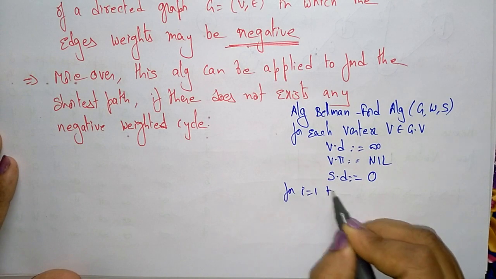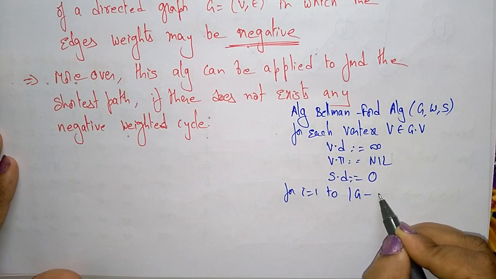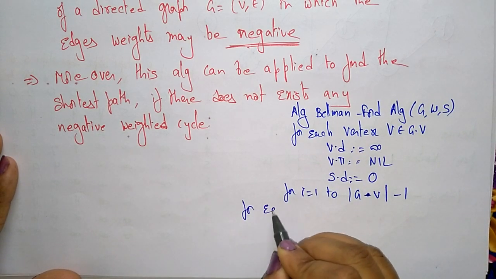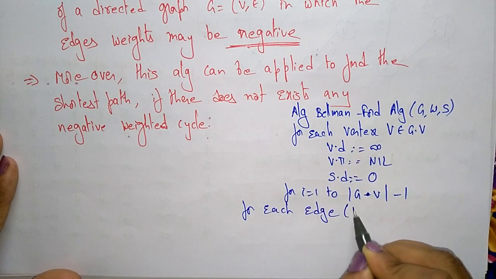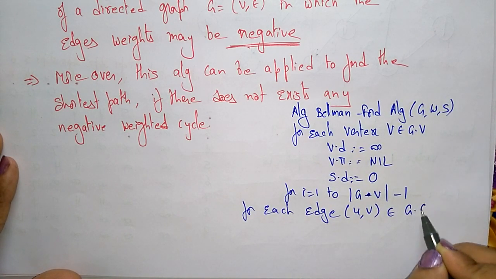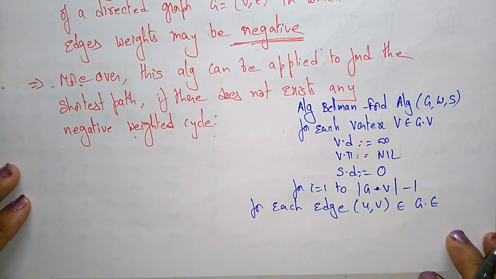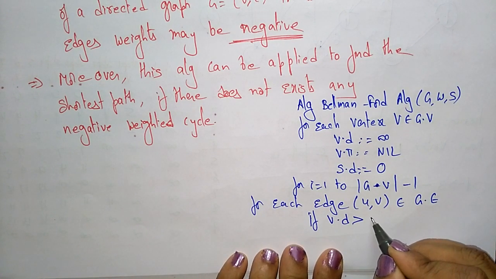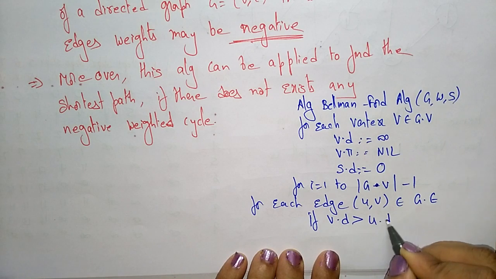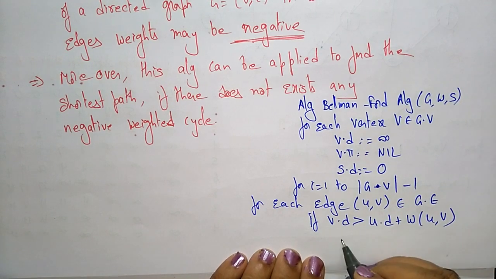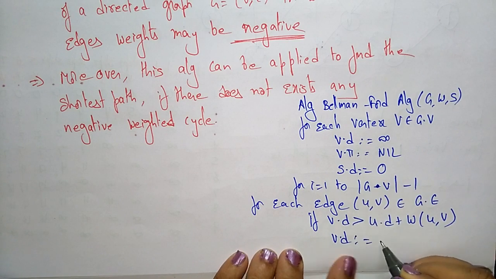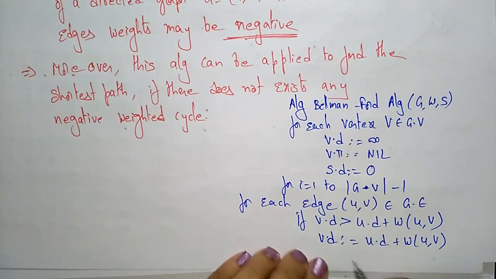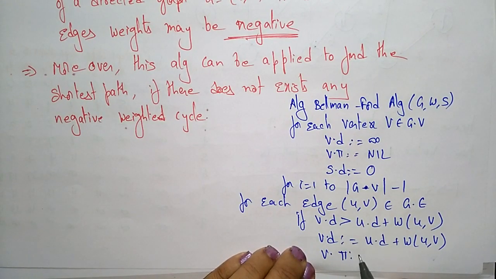For i equal to 1 to |G.V| minus 1, for each edge (U, V) belonging to G.E, if V.D is greater than U.D plus W(U, V), then make V.D equal to U.D plus W(U, V), and V.pi should be U.